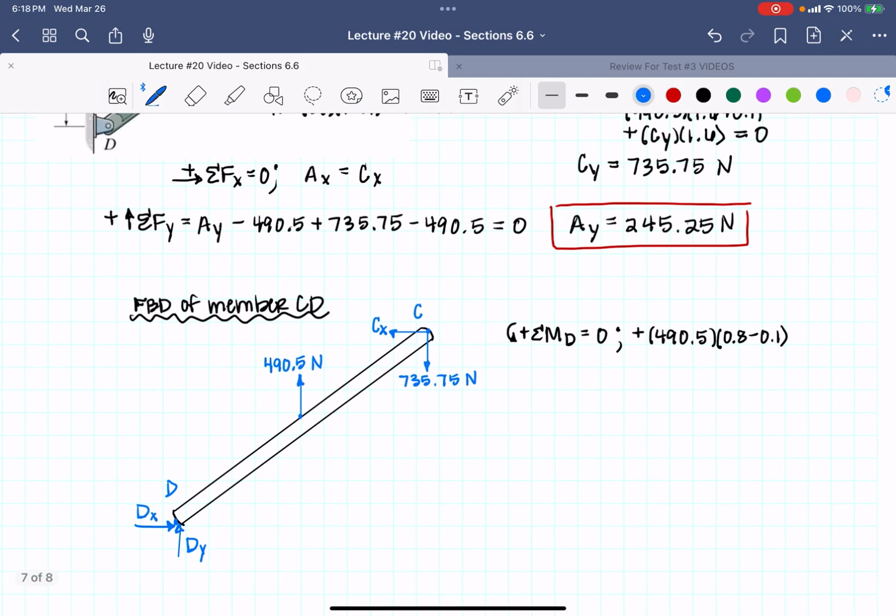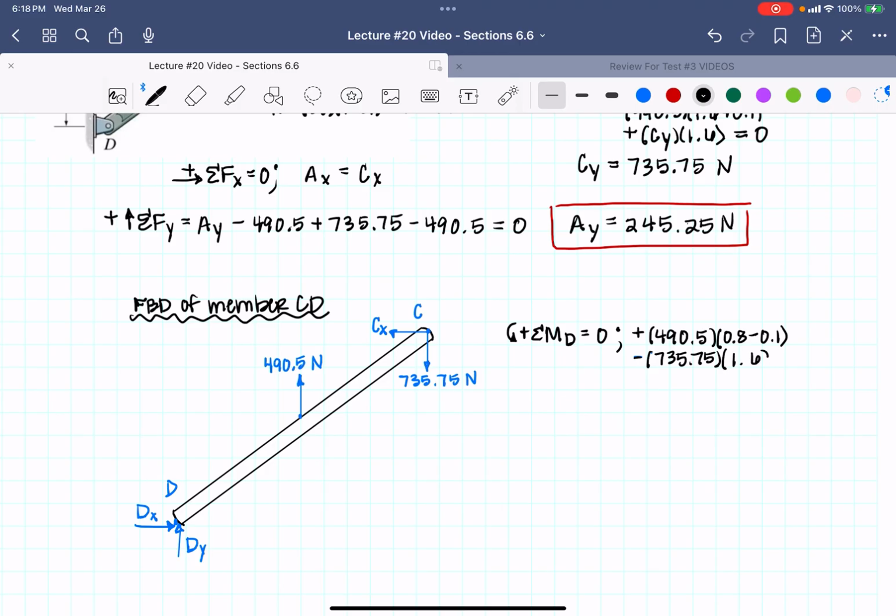So that 490.5 happens at the 0.8 minus 0.1 from D. And then I've got the vertical component of 735.75, which is in the negative direction, and it is all the way at the end. So it is going to be 1.6 away.